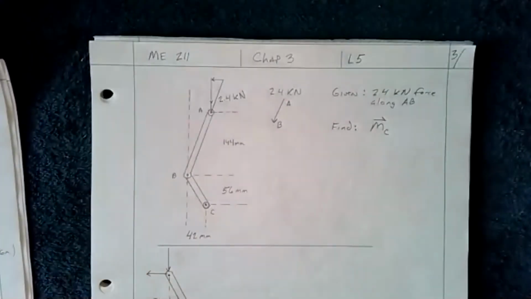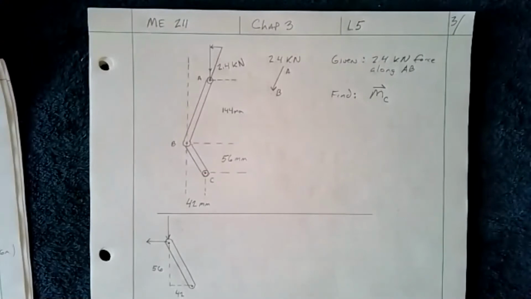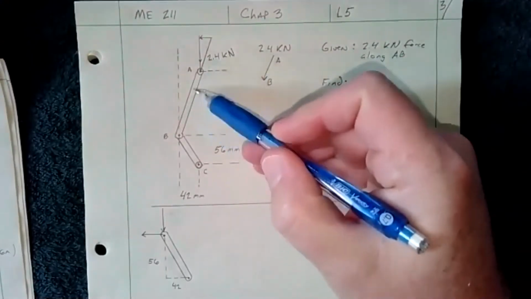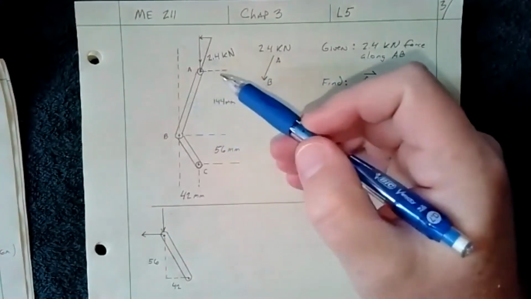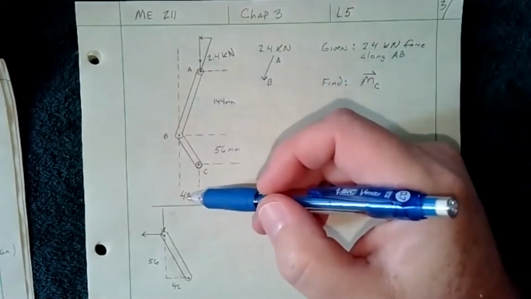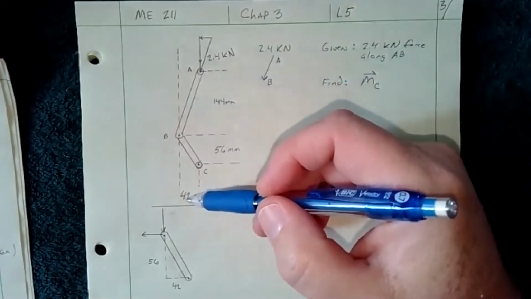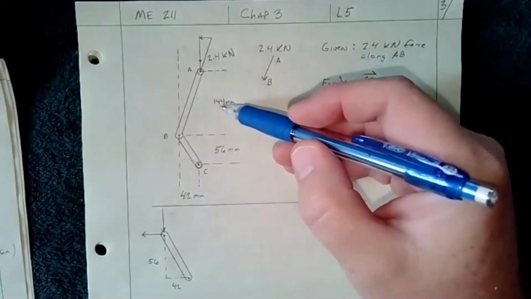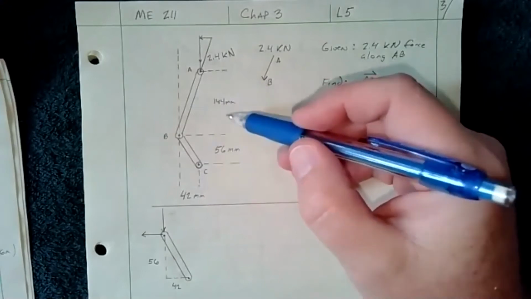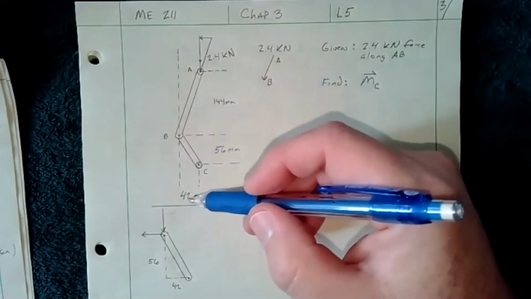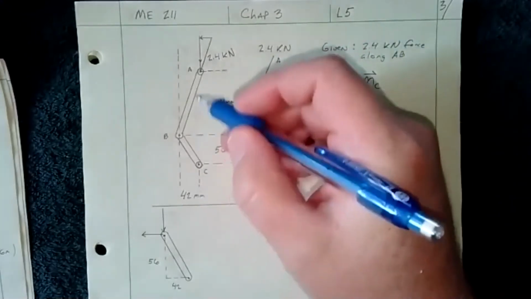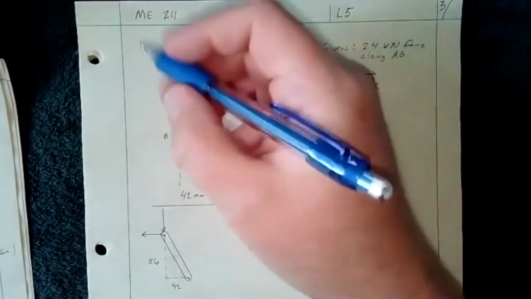So let's look at this. Here I have it drawn. Now, I know that I have a 2.4 kilonewton force going down that way. If you look at the dimensions that are given, the 144, 42, it turns out that if you divide this by 6 and you divide this by 6, this ends up being a 7, 24, 25 triangle.